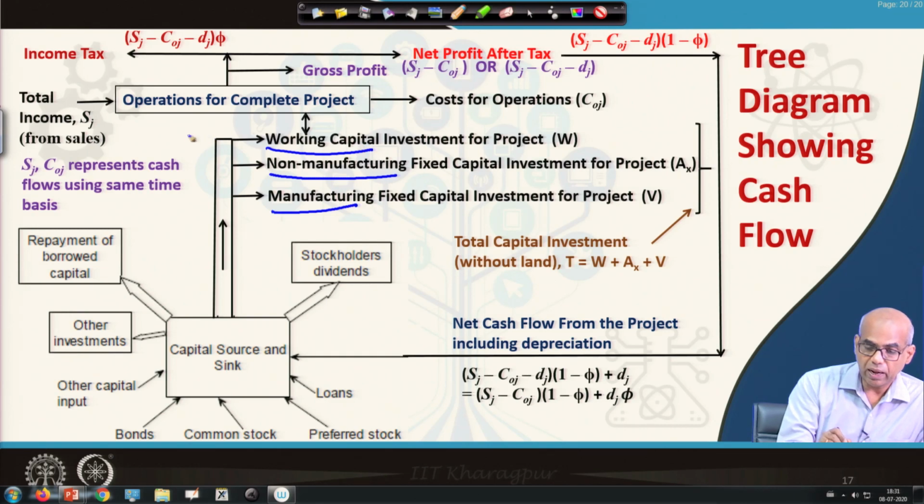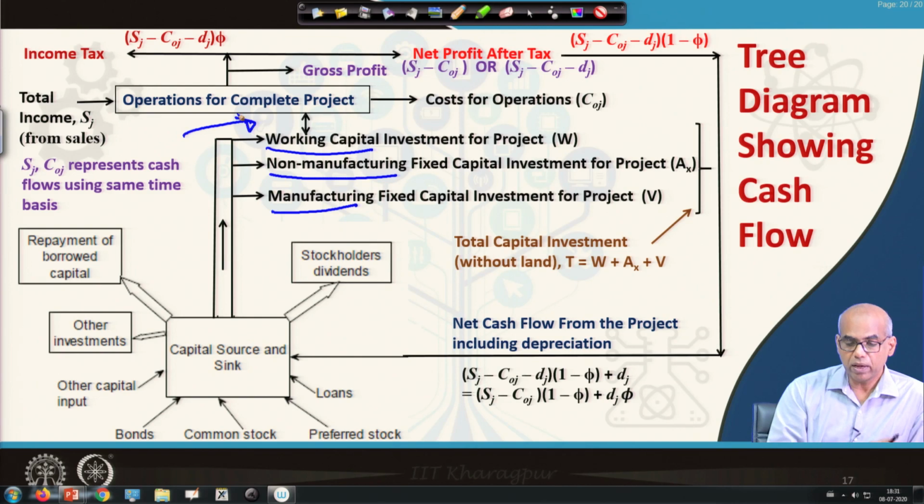So, here we come to a stage where you have completely constructed and erected the plant, and now the operations have started.